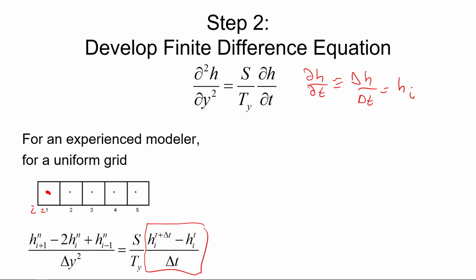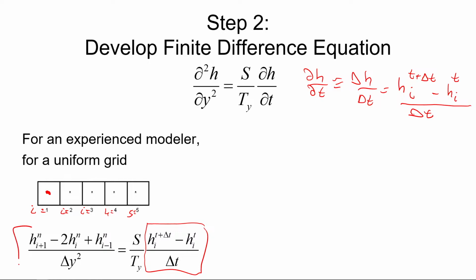Here i is equal to 1, 2, 3, 4, and 5. So delta h would be h at t plus delta t, negative h at the previous time step, over delta t. We did this before in the parachutist example. That's basically where this term came from.